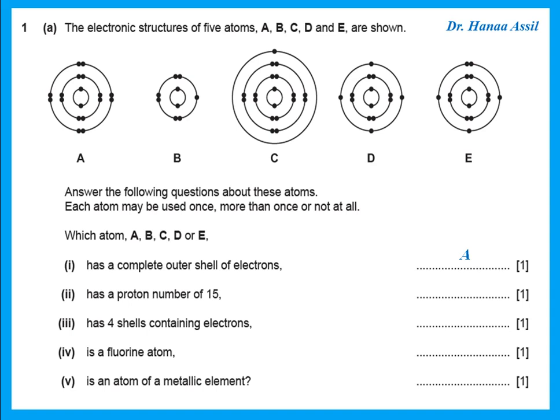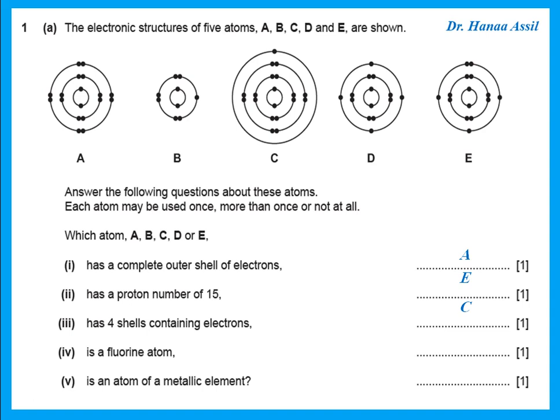So which of these has 2, 8, 5? That would be E. Which one has 4 shells? You should have 4 circles, 4 energy levels around the nucleus. Of course, C has 4 energy levels.